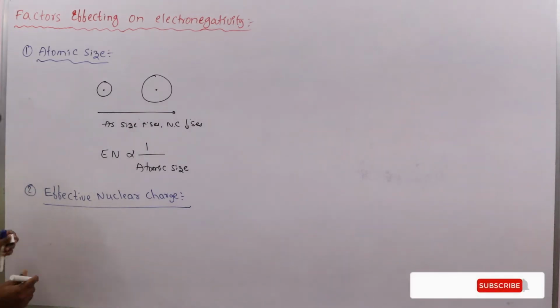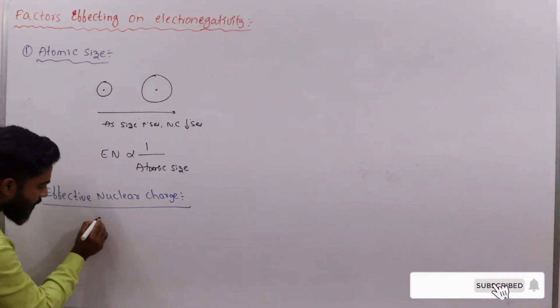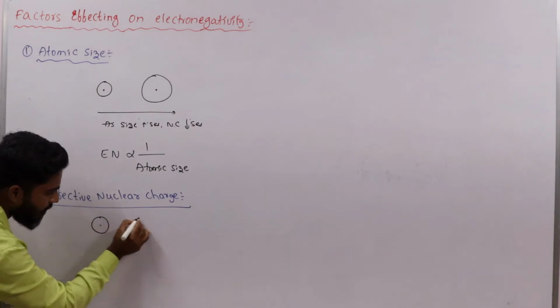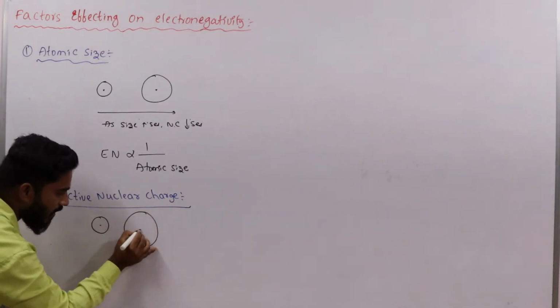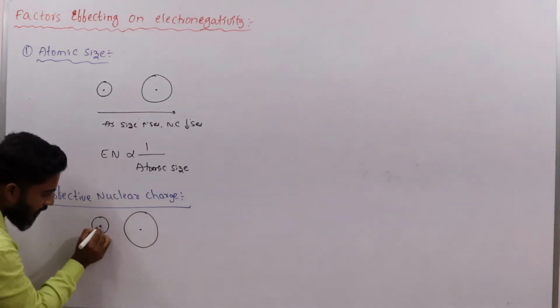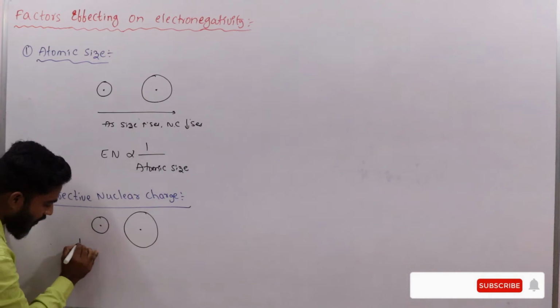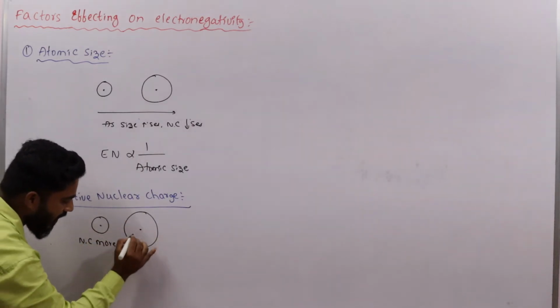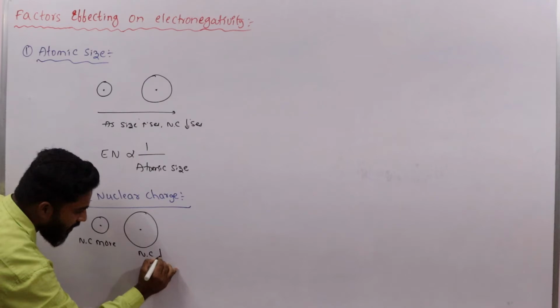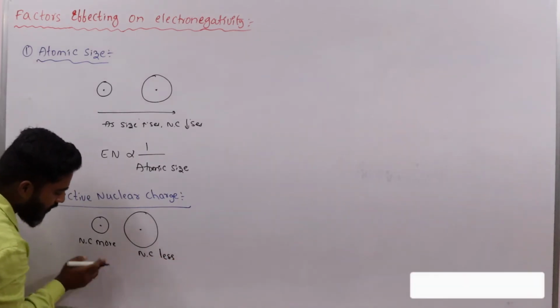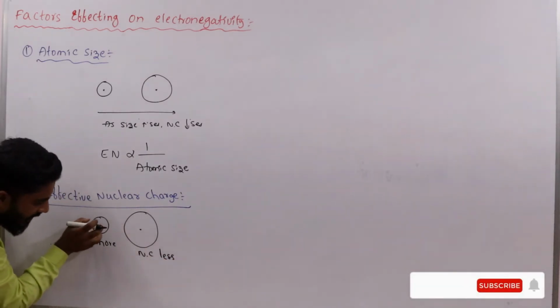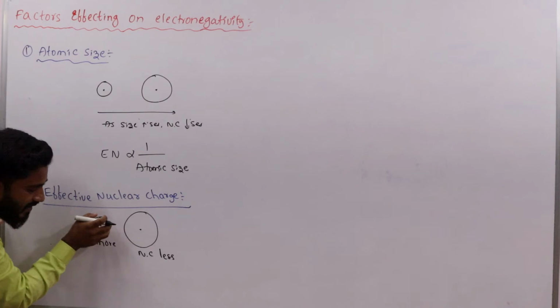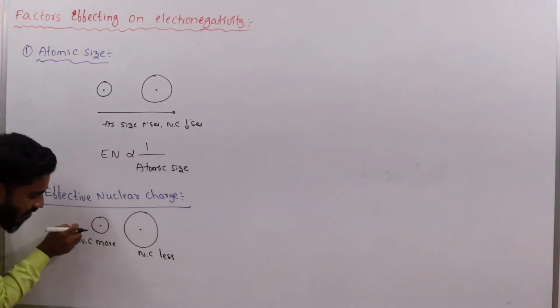For example, take a small atom and a larger atom. Due to the small size, nuclear charge is more. Due to the large size, nuclear charge is less. Due to the more nuclear charge, it will attract bonded electrons in a covalent bond very strongly.